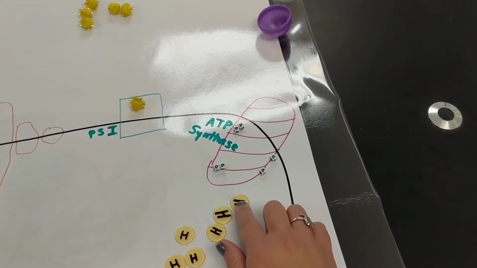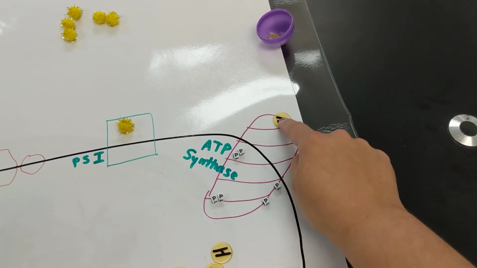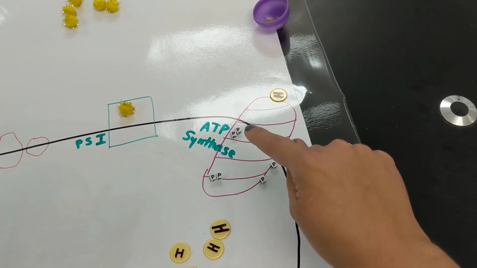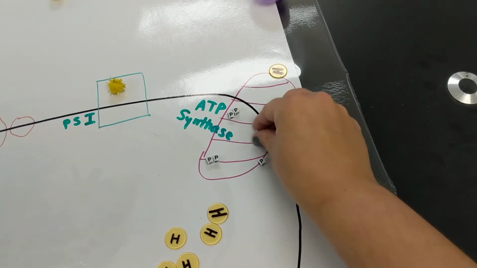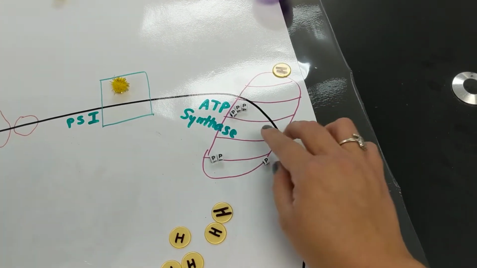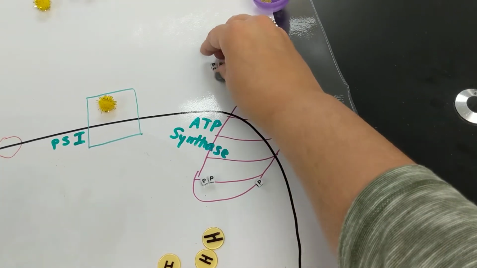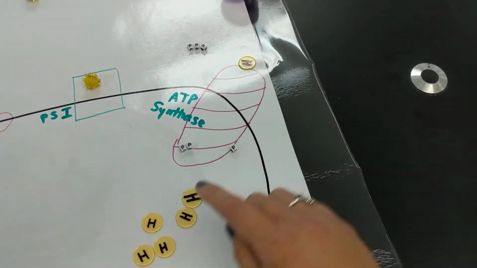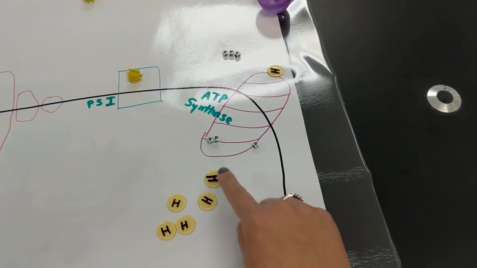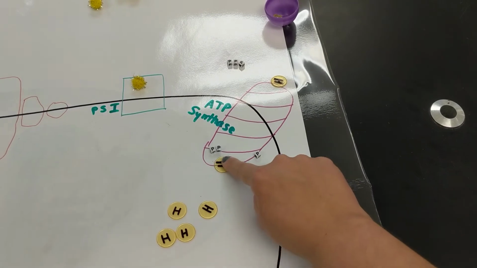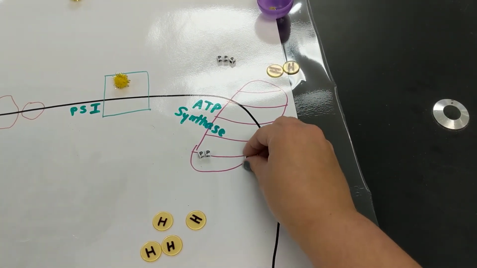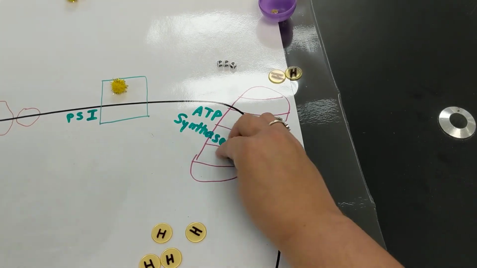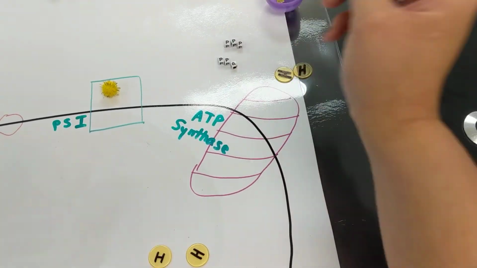So this hydrogen ion can flow through ATP synthase, and when that happens, this protein spins, like it literally spins like a carousel, and it combines a phosphate with ADP to make ATP. Yay! So again, passive transport, this hydrogen ion is going to flow through ATP synthase. It's going to combine a phosphate with ADP and make ATP.